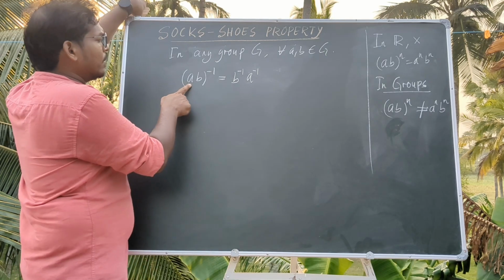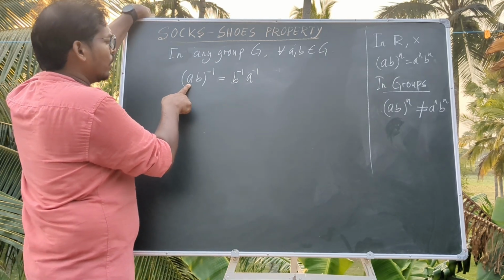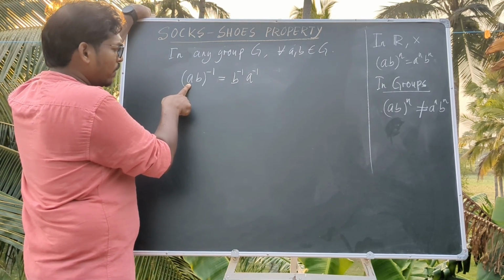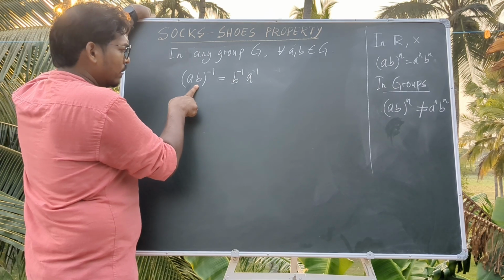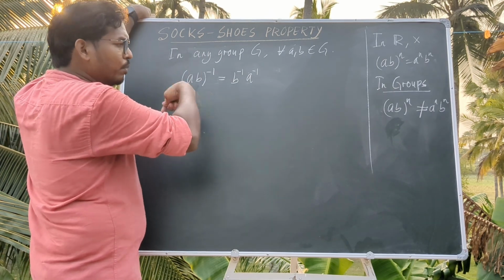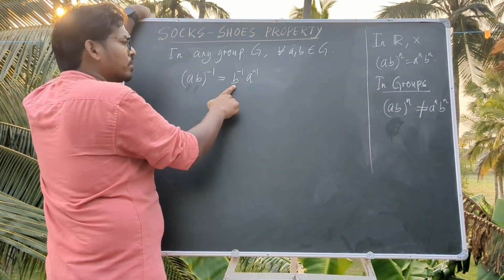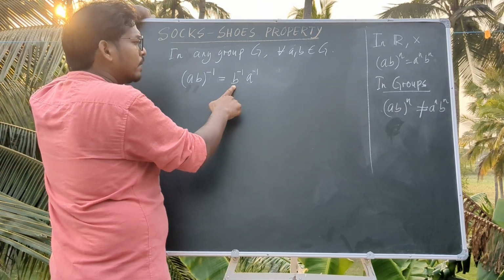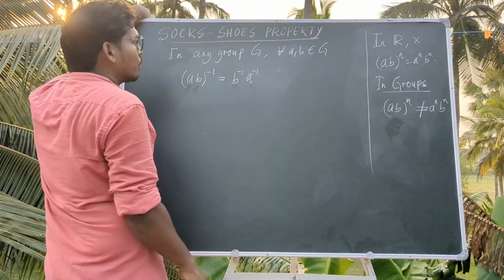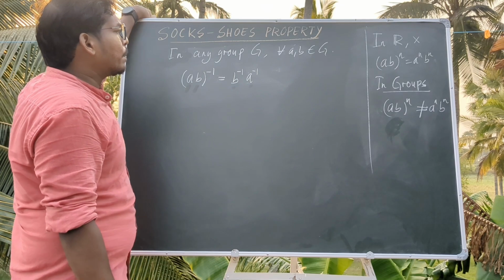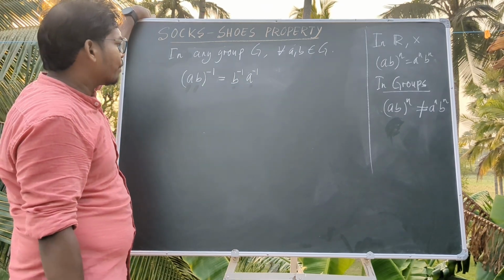Putting socks on first, then shoes, and then doing the inverse, undoing the things, you first take off your shoes, then your socks. That's why this property is named the socks-shoes property.